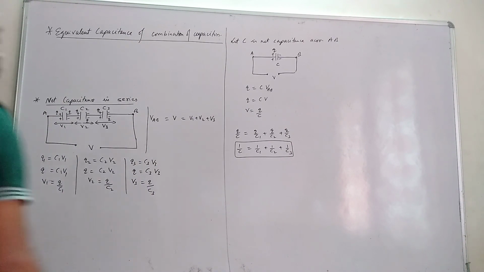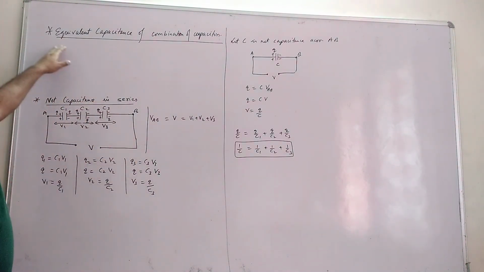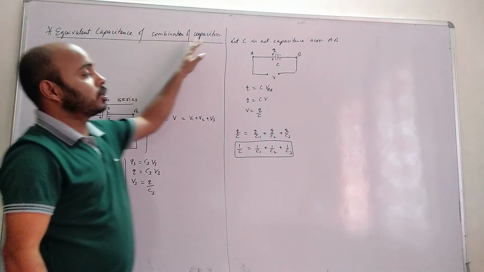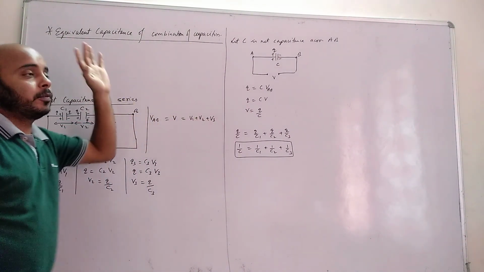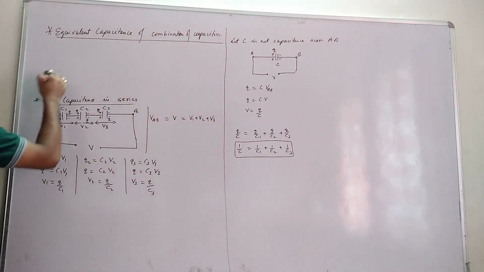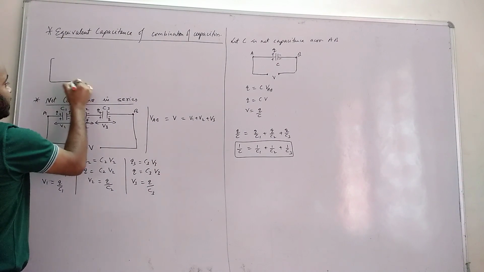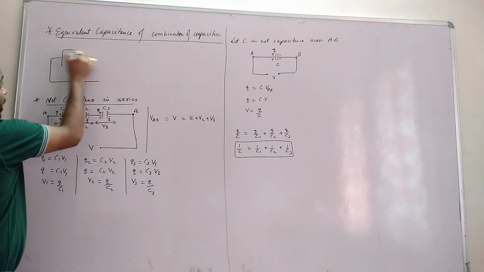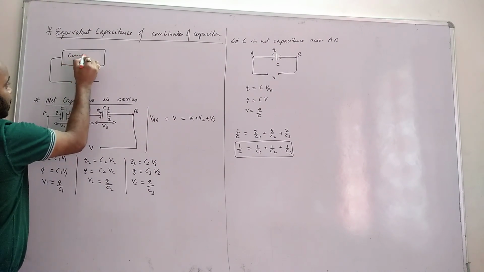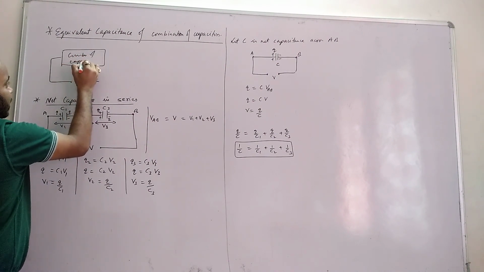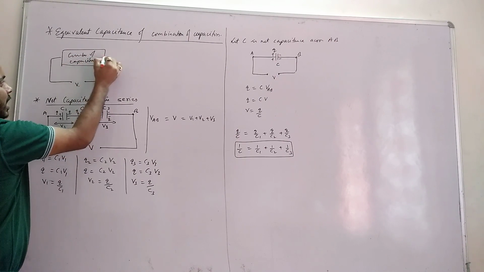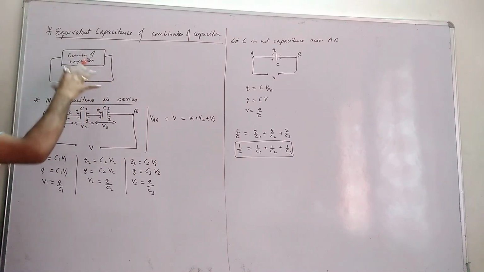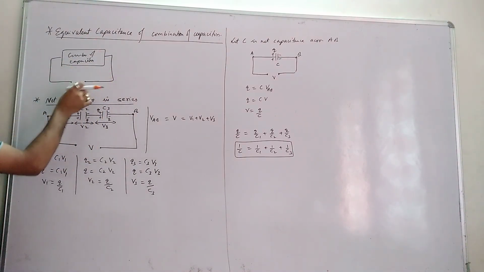Now what is the equivalent capacitance of a combination of capacitors? What does this topic mean? For example, we have a circuit which has some potential difference V. V potential difference is connected across a combination of capacitors, that is, multiple capacitors connected in series, parallel, all together, and they are connected to a source.